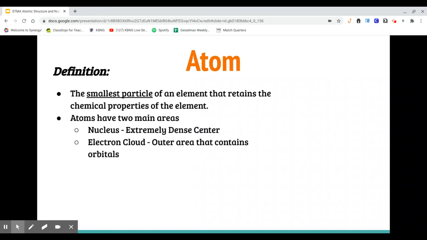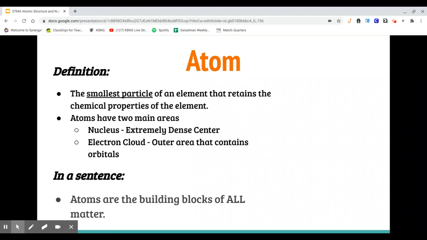The second area is the electron cloud. The electron cloud is the outer area that contains what we call the orbitals. You might hear energy levels or rings. These are all found in the electron cloud, and they all talk about where one specific piece of the atom is going to be found.